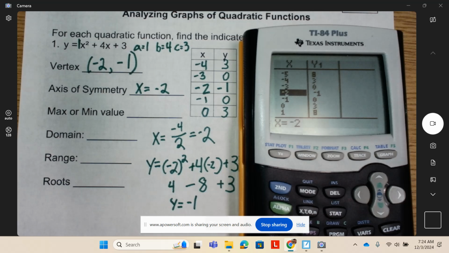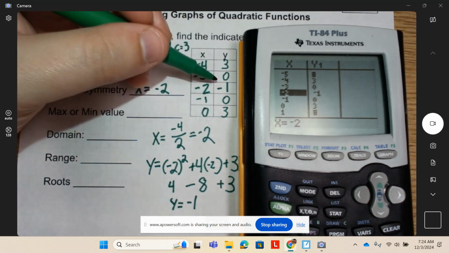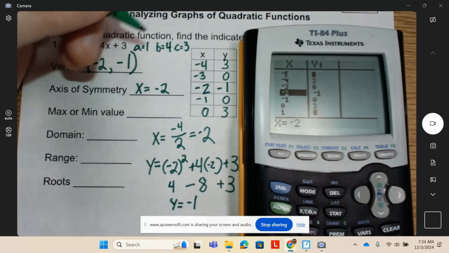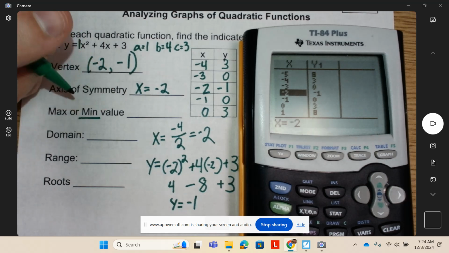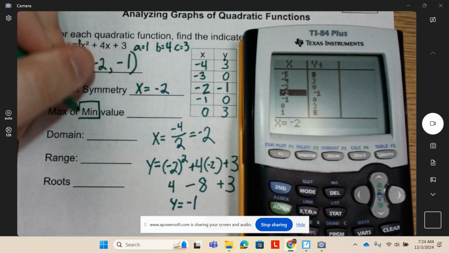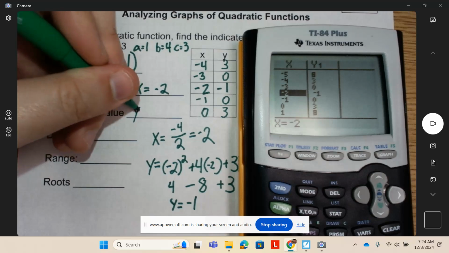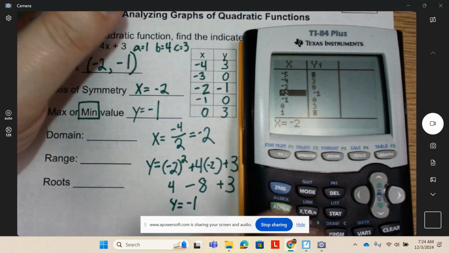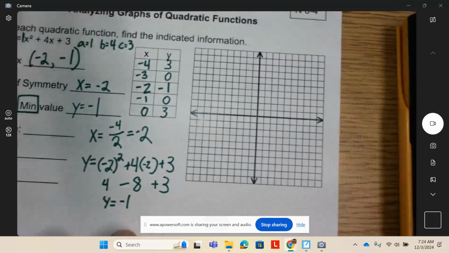Already looking at those numbers, the y values go to a certain point at the bottom, so it's going to be a minimum value. We'll say the minimum value is y equals negative 1. Let's go ahead and graph that. We've got our table.